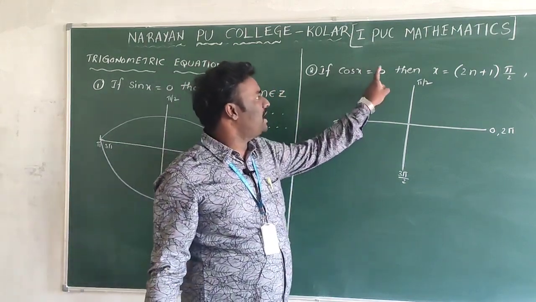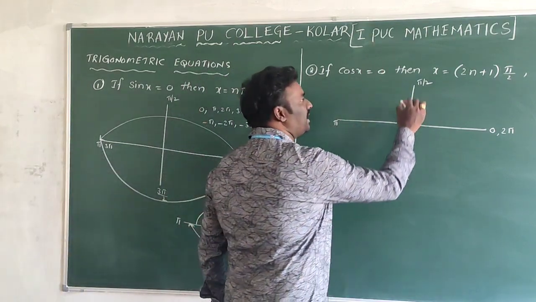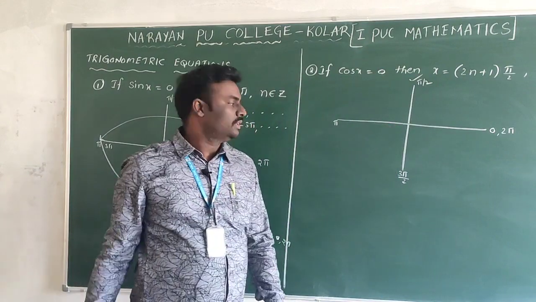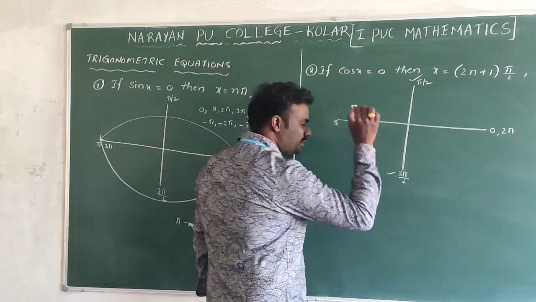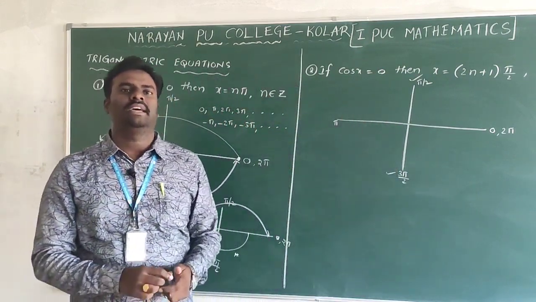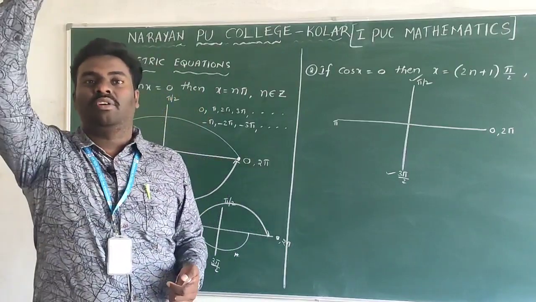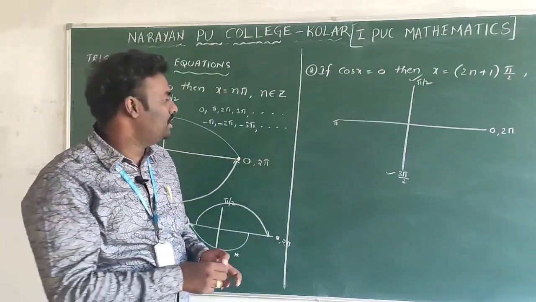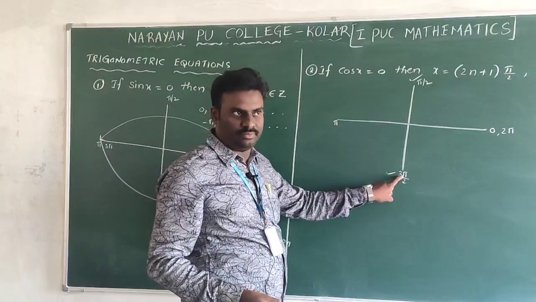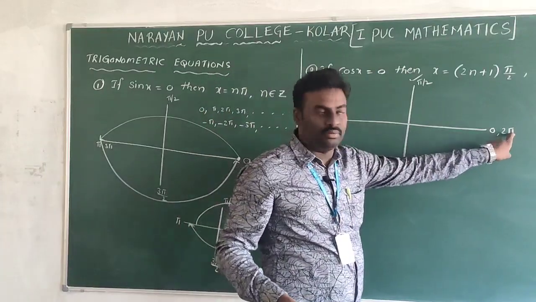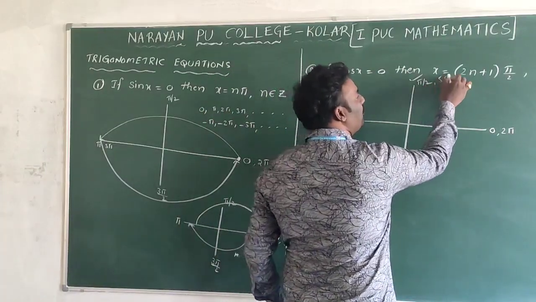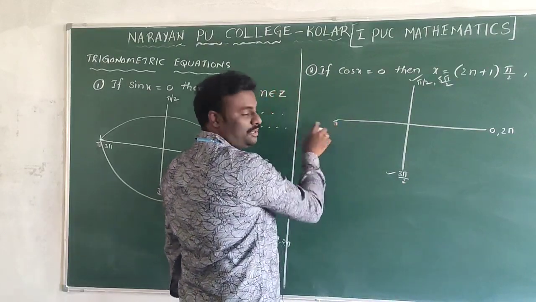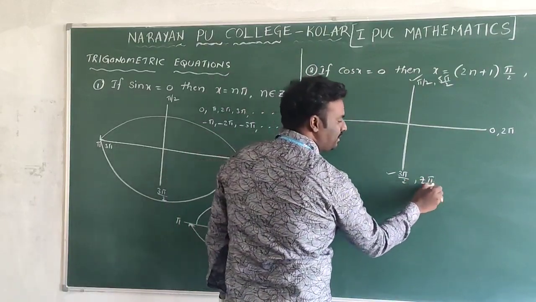The cos value is 0 for 90 and for 270 also. This means the angles exist on a vertical line. Now this is 3 pi by 2, 4 pi by 2, 5 pi by 2, 6 pi by 2, 7 pi by 2, like this.